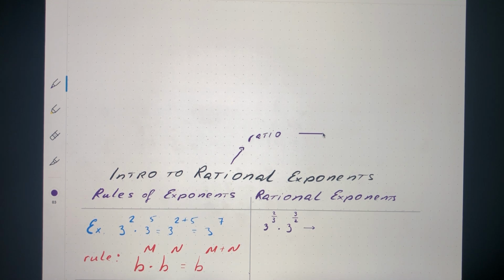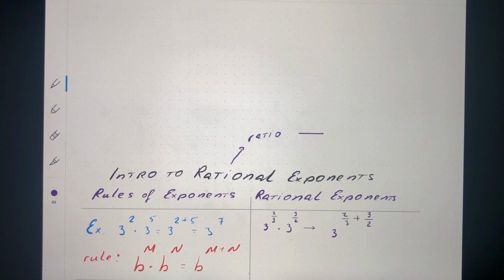So let's find the common denominator between the 2/3 and 3/2. So we're adding the powers, but since we're adding fractional powers, we have to follow the rules for the fractions. So the common denominator between 2 and 3 is a number that can be divided by both, which is 6.